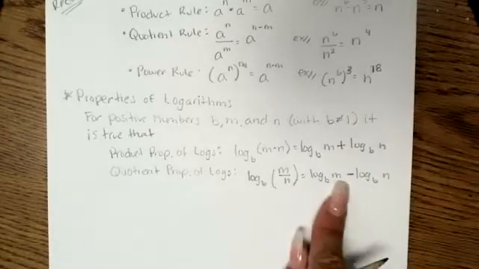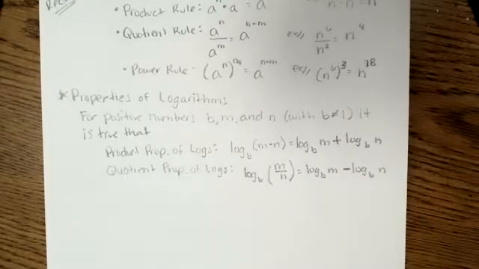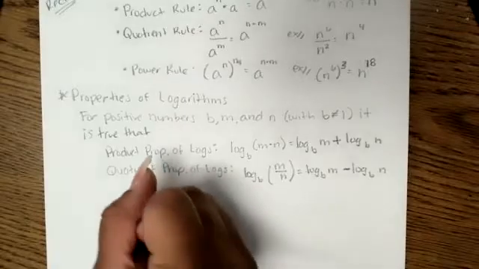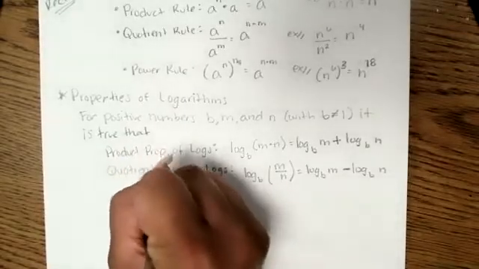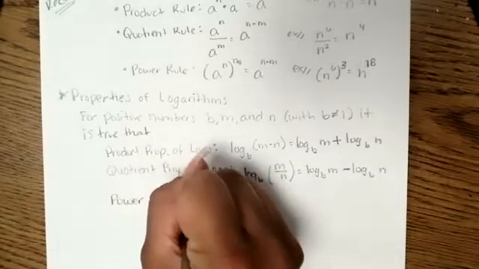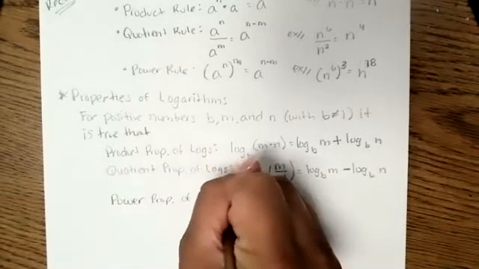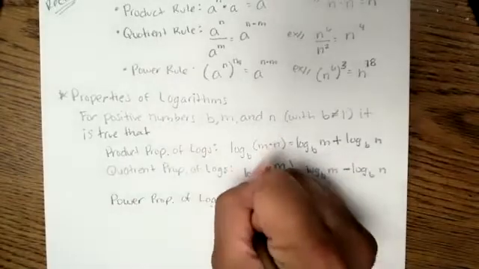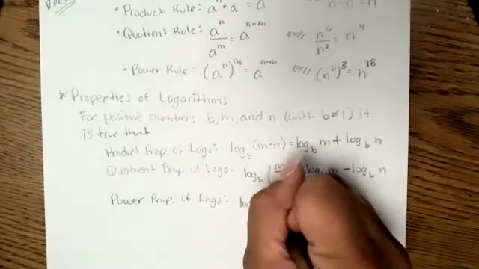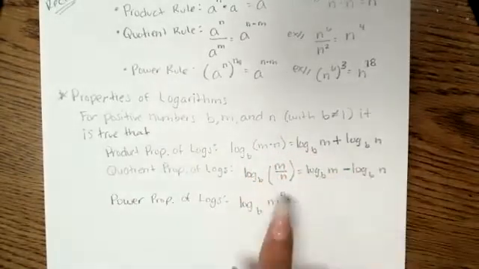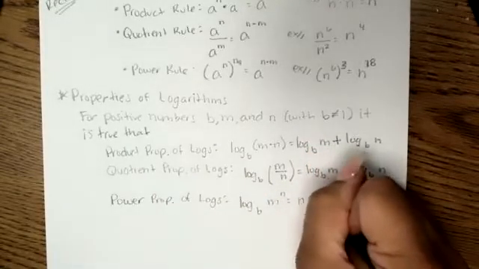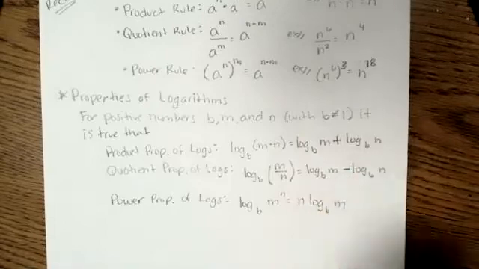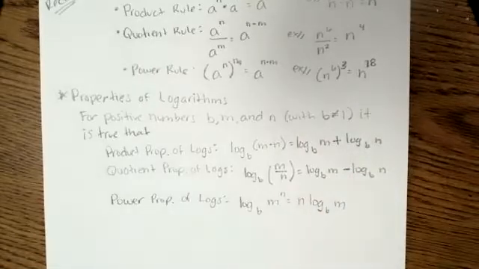I don't like to divide and I don't like to subtract. And then the last property is the power property of logs. And if you have log base b of m raised to the n, that n will go out in the front. Those are our three properties.